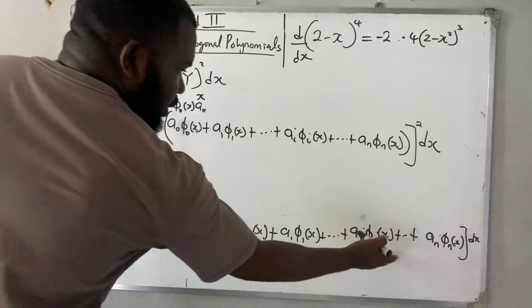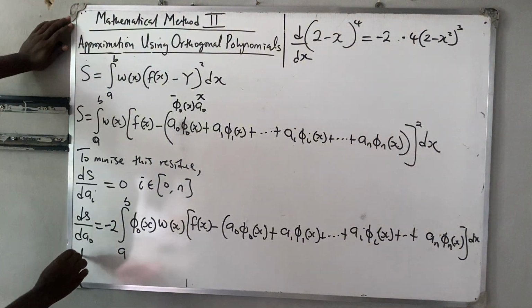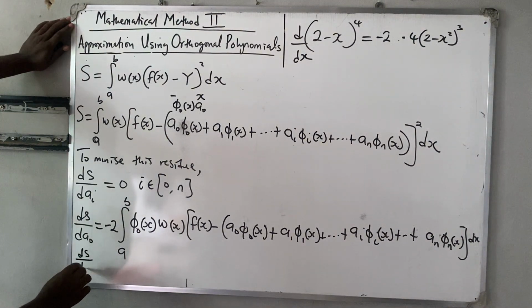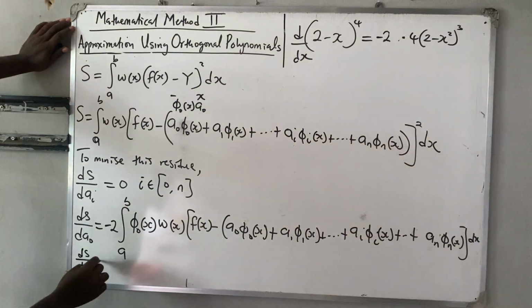So let us do the I1, the one we want to reduce. So I have the S over the AI, this I, that is the one we want to do. It will take the same pattern.